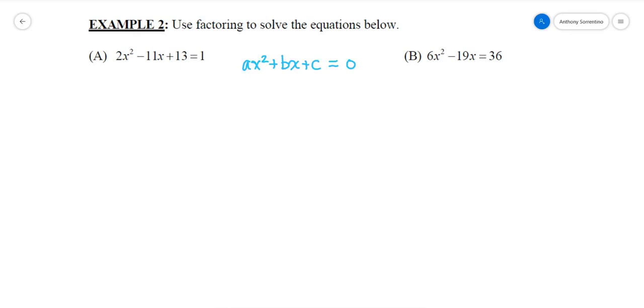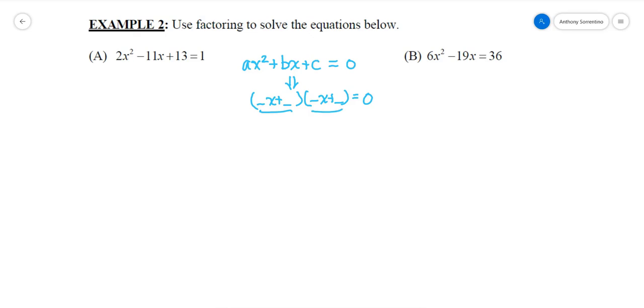My goal is to transform this into two binomial quantities. So I want to factor it into two quantities, like some number times x plus some other number, and some other number times x plus some other number, equaling 0. And then I could say simply, well, this has to equal 0, and I get one answer, and this equals 0, and that's another answer, and that's it.